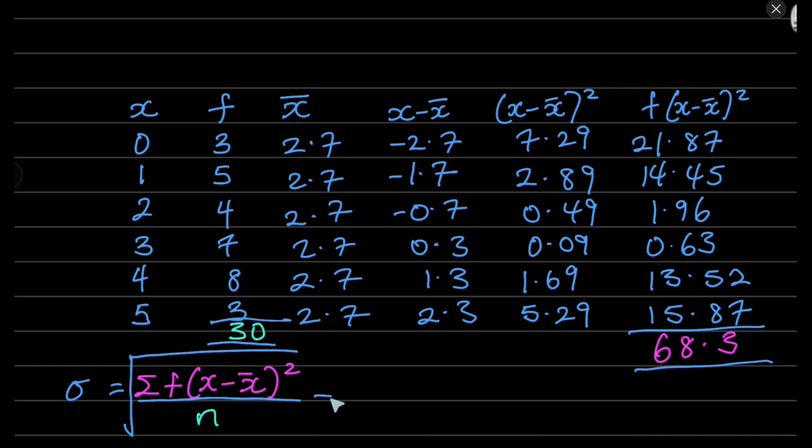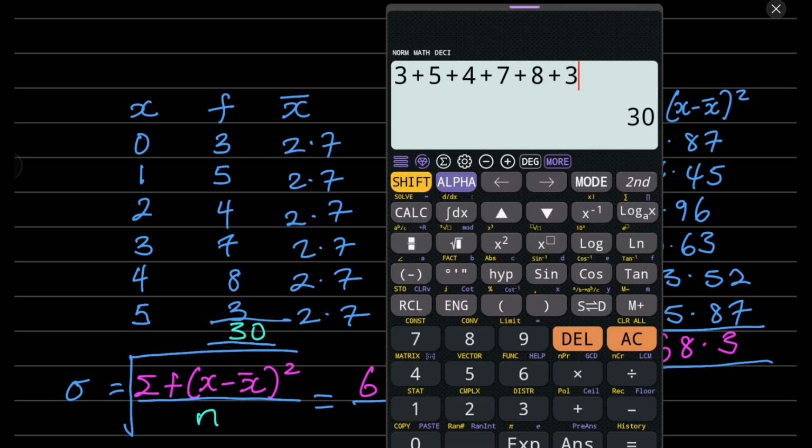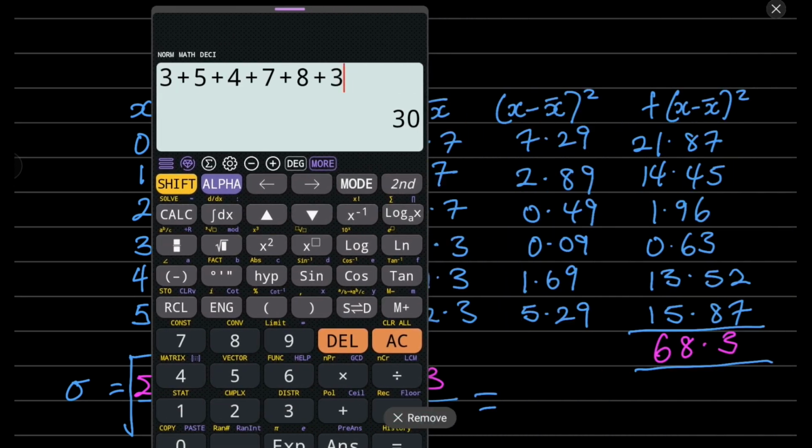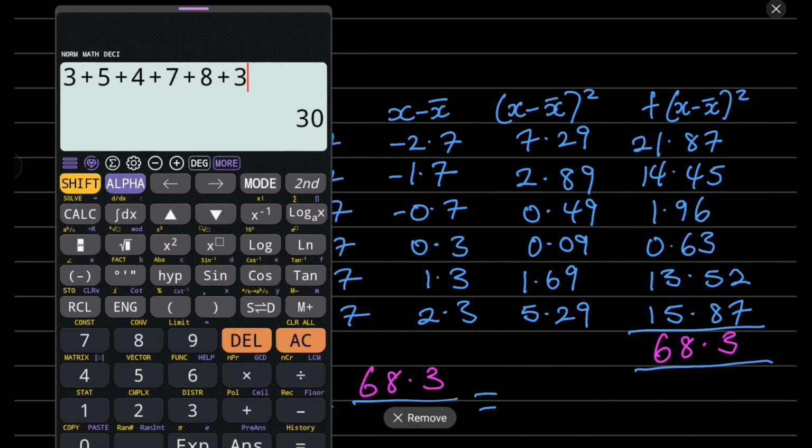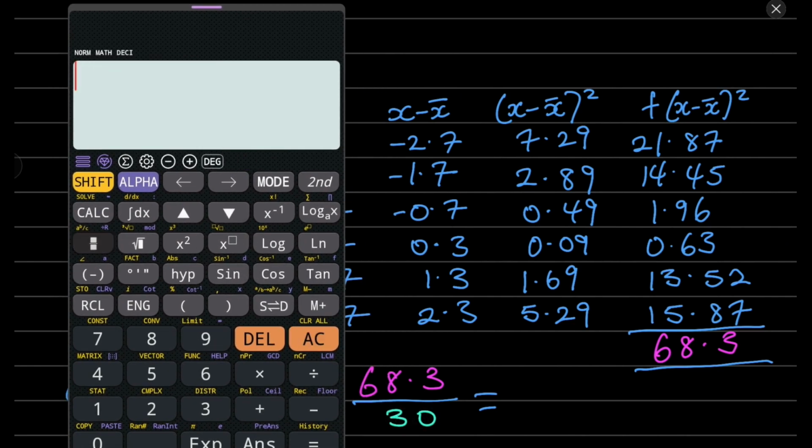Then we can find our standard deviation. For the standard deviation, we have our numerator, 68.3, divided by our denominator, 30, all under the square root.